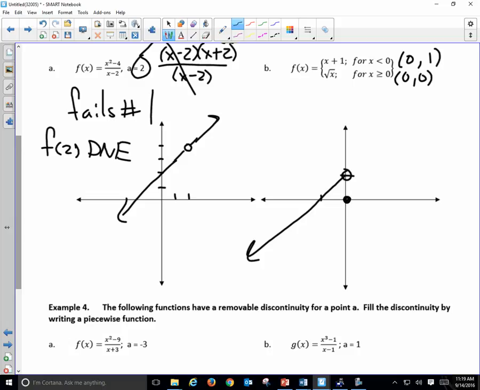Closed circle. Takes off like so. So I start with the very first condition, which is, does f of 0 exist? Yes. Does the limit as x approaches 0 exist? No, it's different from the left than it is from the right, so it fails number 2.